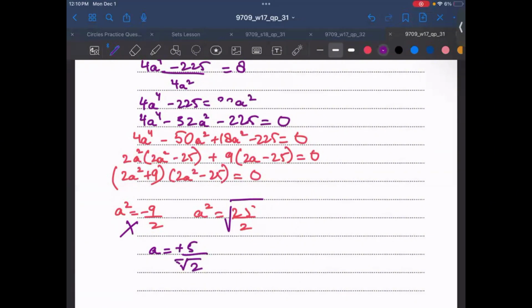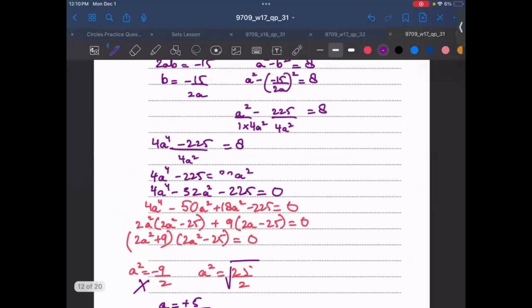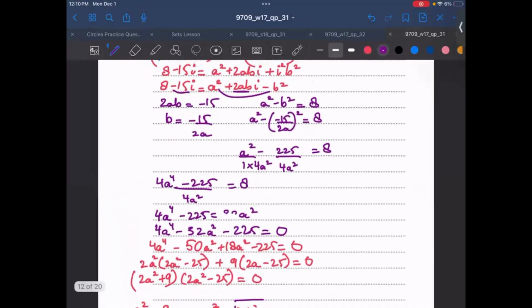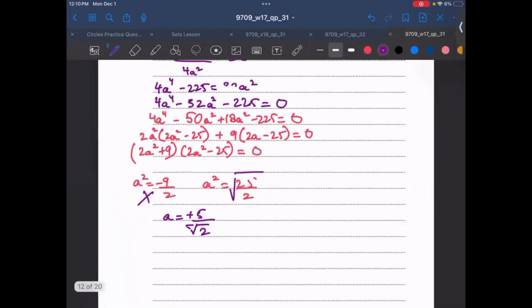Now, once we have the value of a as 5 upon root 2, we can find the value of b as well. We know that 2ab is equal to minus 15. So writing 5 upon root 2 in place of a, 2 times 5 upon root 2 times b is equal to minus 15. Simplifying this, we'll get 10 upon root 2 times b is equal to minus 15.